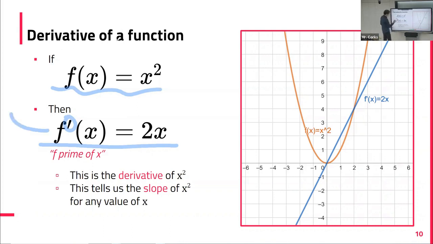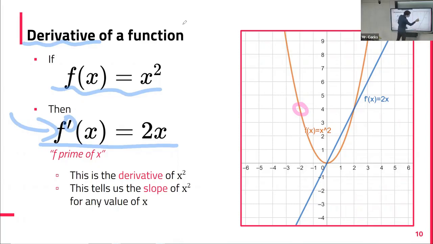So this new version of our function here that tells us slope, that's the derivative of the original function. And we did some practice with it. Let's choose any point on the original function and ask, what exactly is the slope at that point? What is the slope when x is equal to -2? -4.